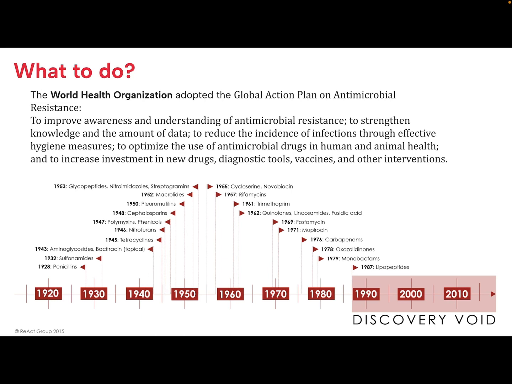These steps include improving awareness and understanding of antimicrobial resistance, strengthening knowledge and the amount of data on antimicrobial resistance, reducing the incidence of infections through effective hygiene measures, optimizing the use of antimicrobial drugs in human and animal health, and increasing investment in new drugs, diagnostic tools, vaccines, and other interventions.